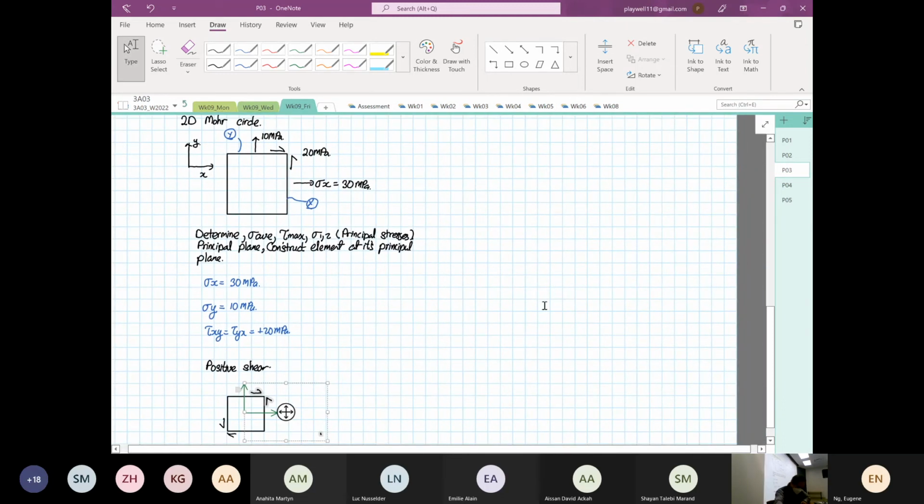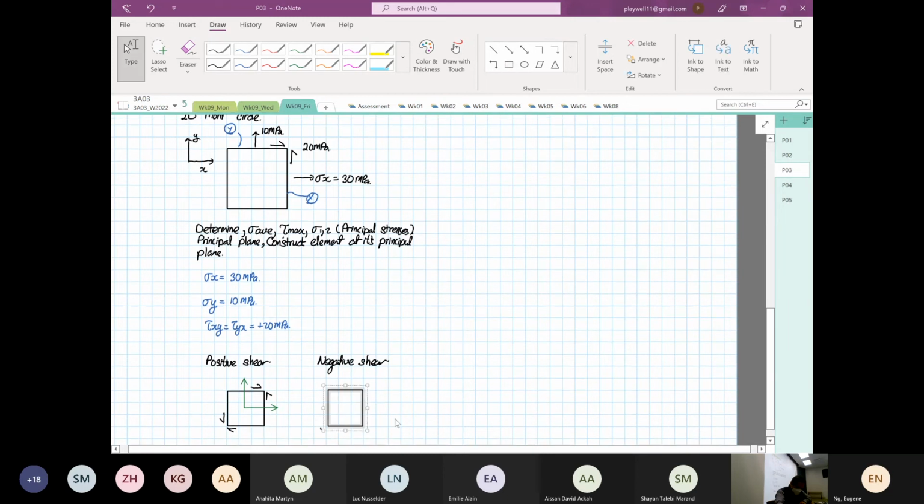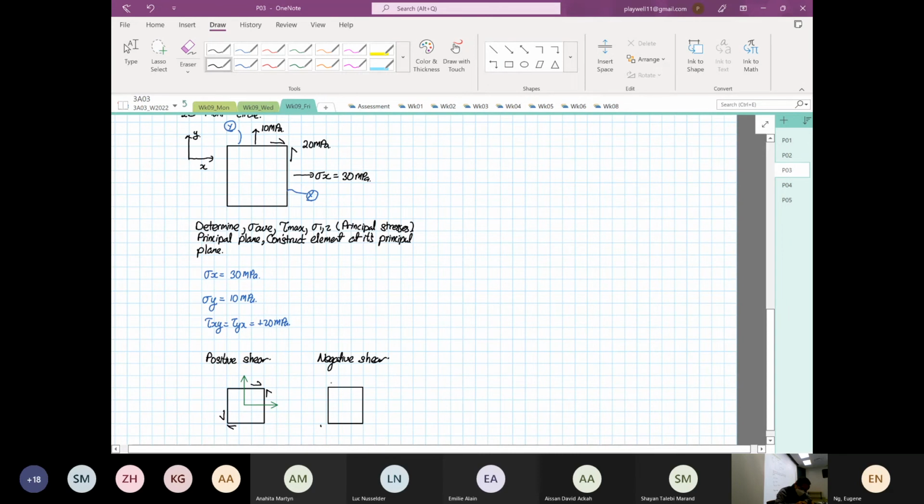Okay. And then if I were to have a negative shear, okay, this is our element. And this is how negative shear looks like.